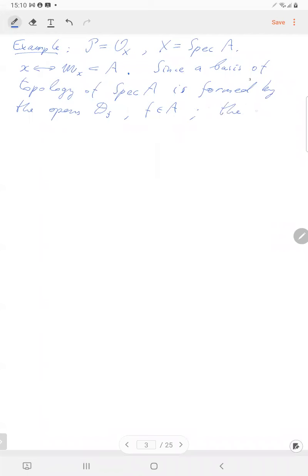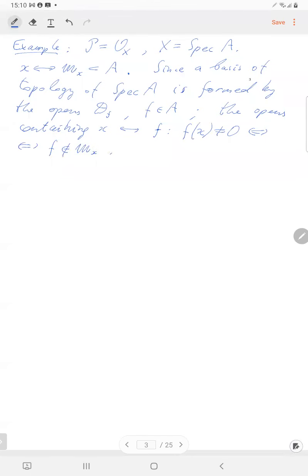The opens containing x correspond to the functions f such that f of x is not 0. In other words, f does not lie in the maximal ideal corresponding to this point.